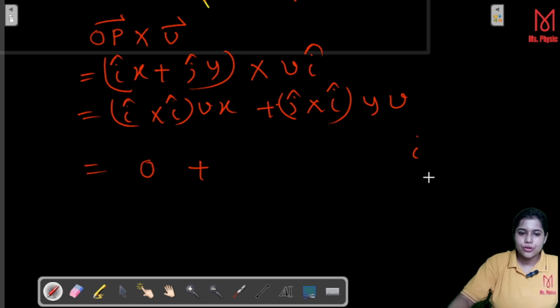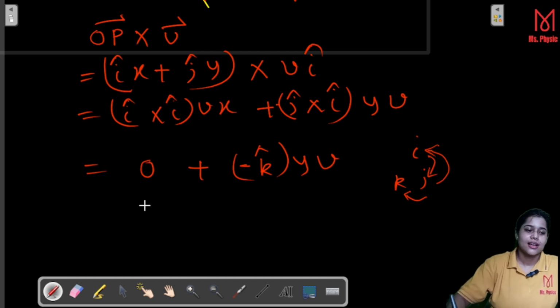Now see, I hope you know this i j k, right? i cross j gives you k. j cross k gives you i. But here it is giving j cross i. That means in reverse direction. So that's why it will give us k, but with another minus sign. Minus k cap yV. Okay. So therefore minus yV k cap.